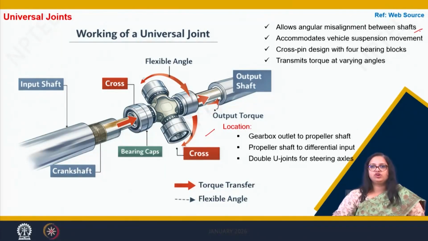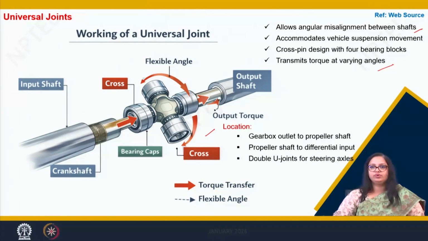So, there is a cross pin design with 4 bearing blocks, which allows it to take the jerks that come from the road, and it does not allow the failure of the mechanical components while the power gets transmitted from the input shaft to the output shaft, and it can transmit torque at varying angles as well.